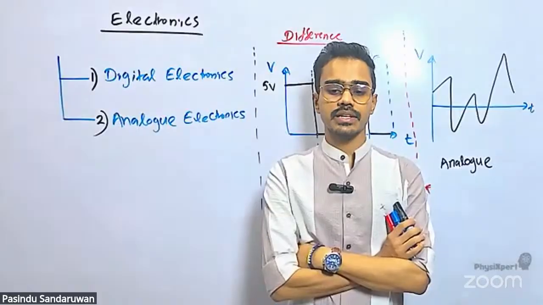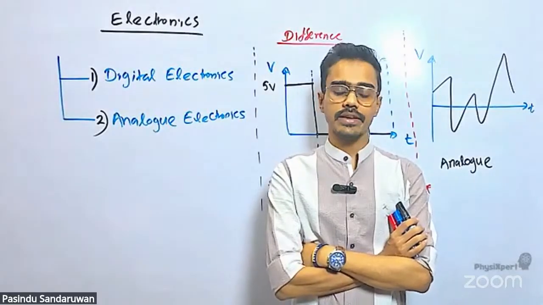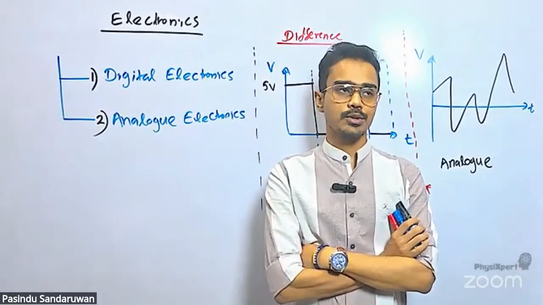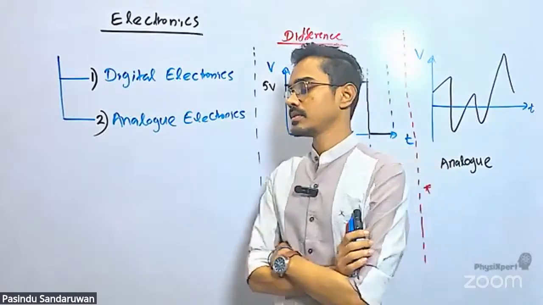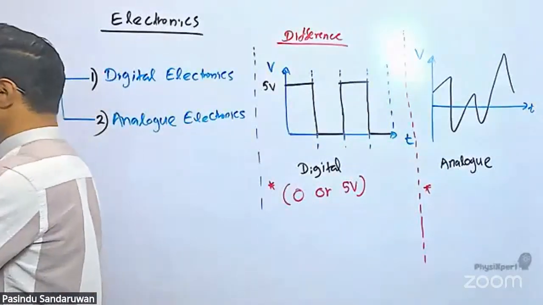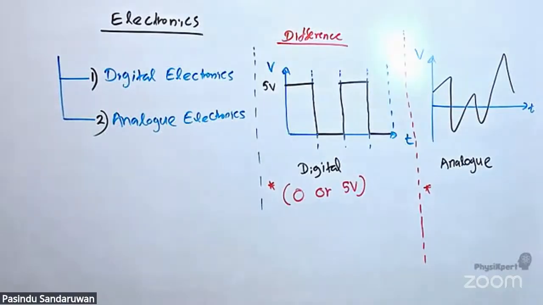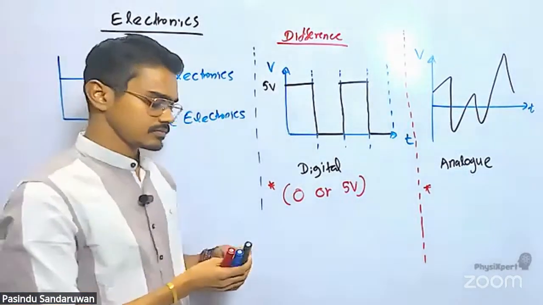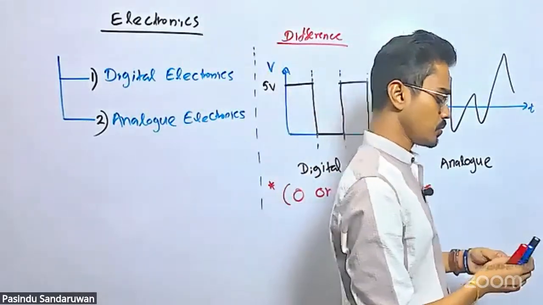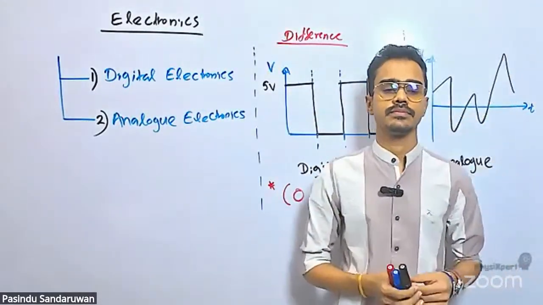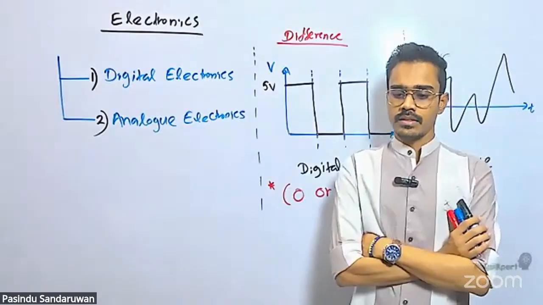Voltage in analog circuits can be varied to any value.